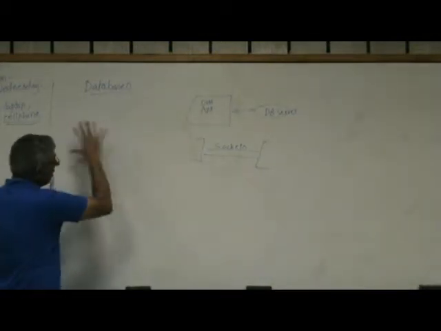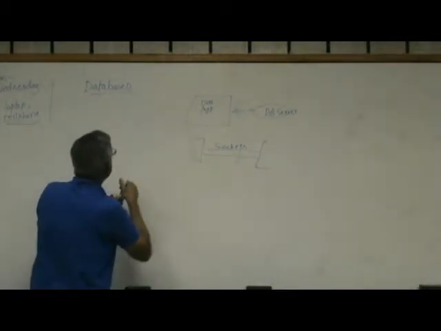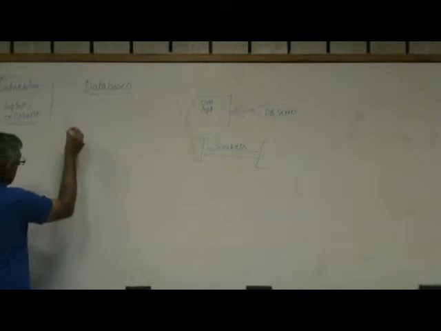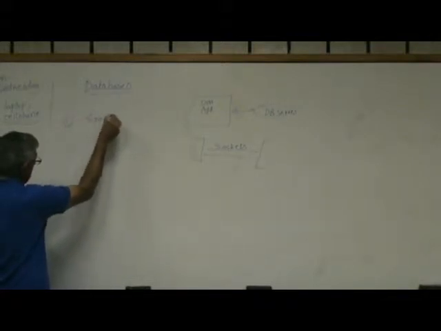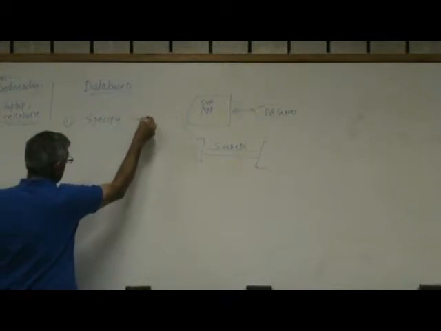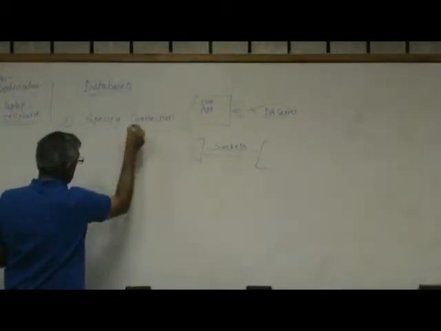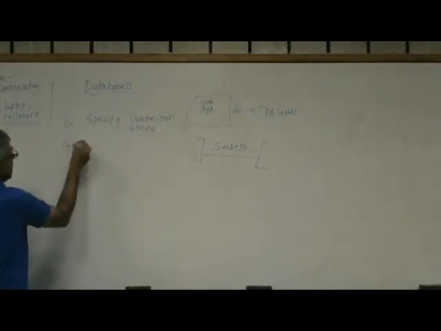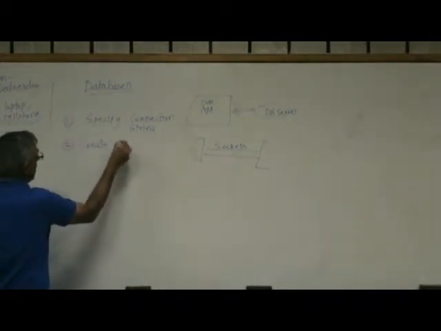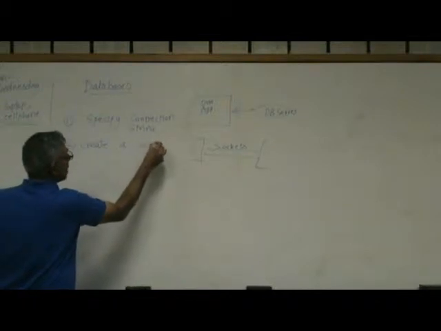So when we write our database code, our typical code goes like this. Number 1, specify a connection string to the database. Number 2, create a connection object.